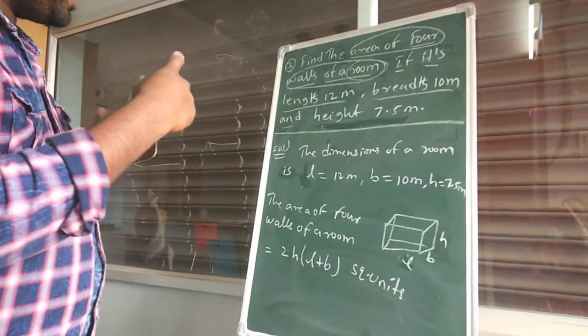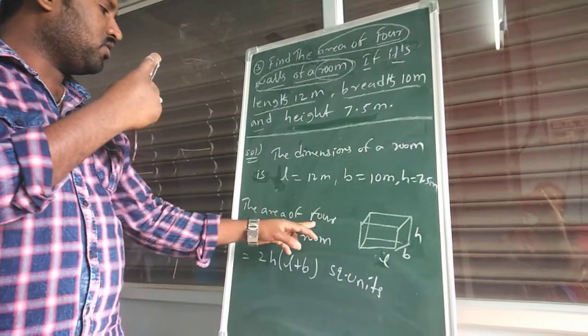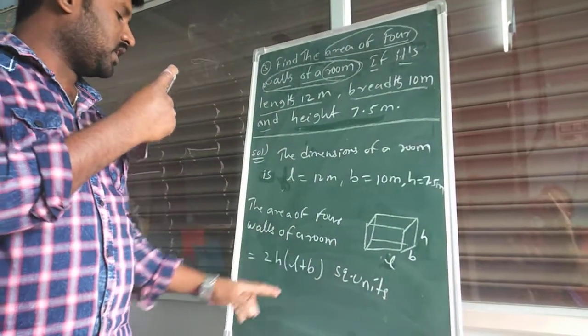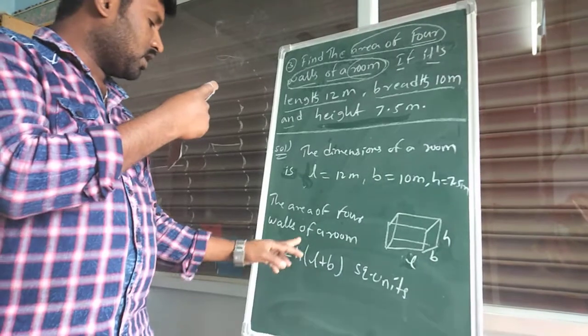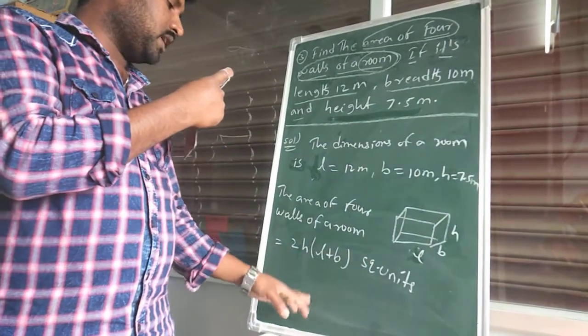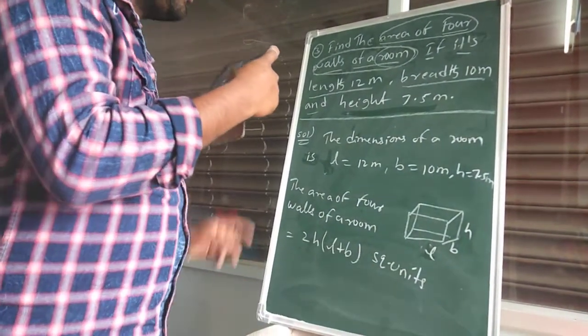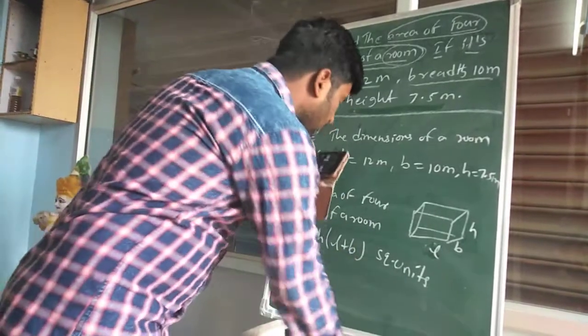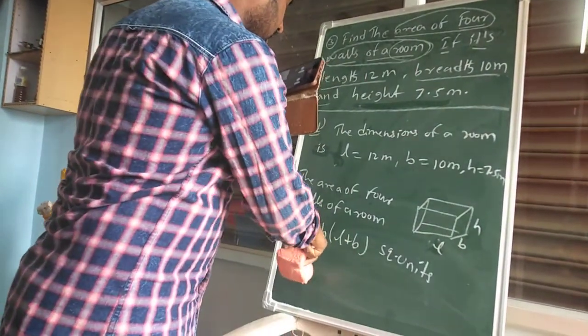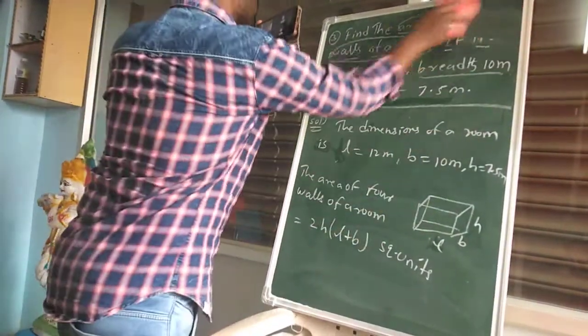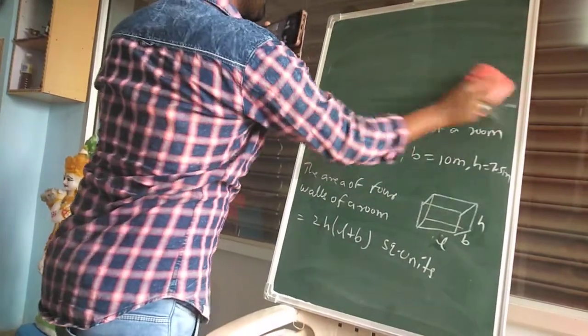What is the formula? The area of 4 walls of a room is 2h of L plus B square units. Now we know the values of L, B and H. Just substitute the values.